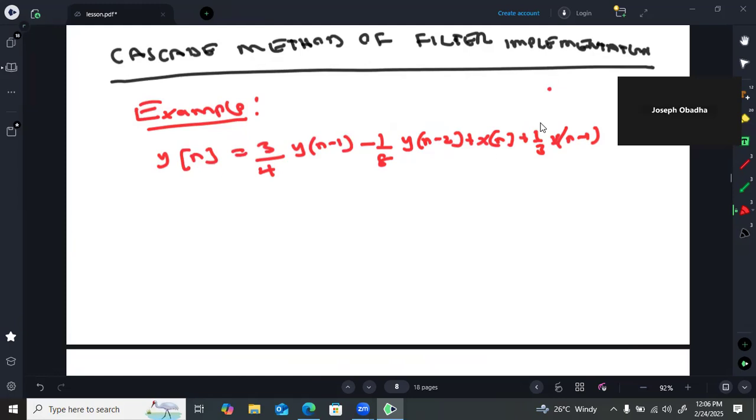We will proceed with this by obtaining the Z transform of this filter and proceed and get the transfer function as well.